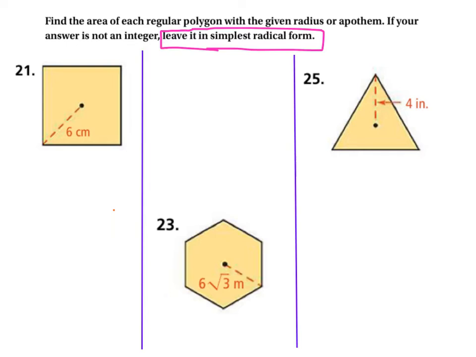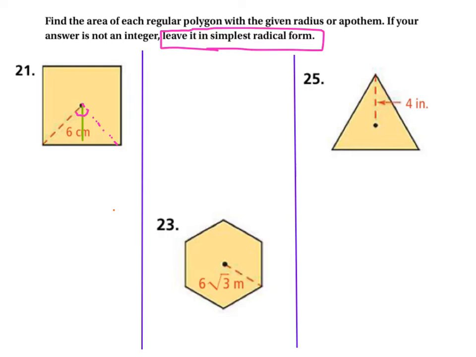Well, the first thing I'm going to do over here is say, okay, if we drew that line straight down, this angle that was formed right here is 90 degrees.